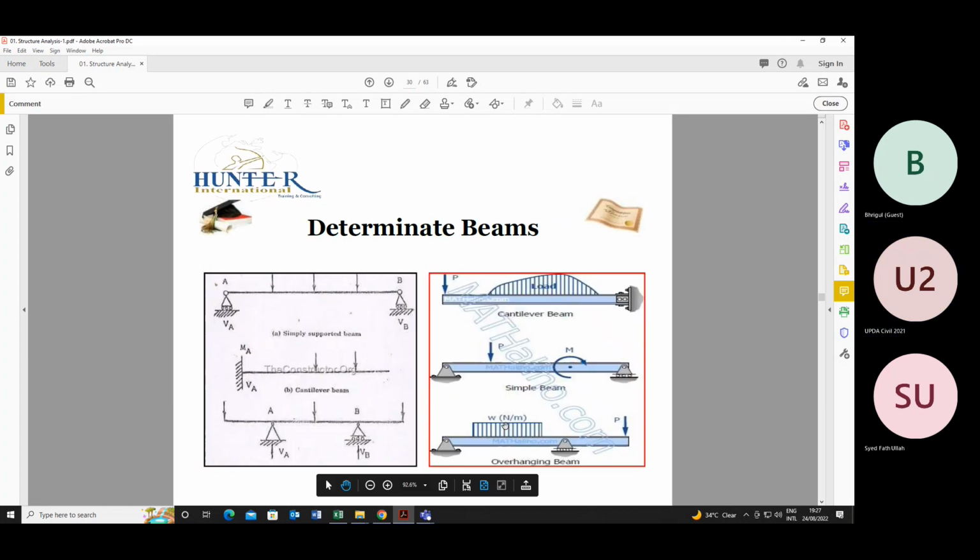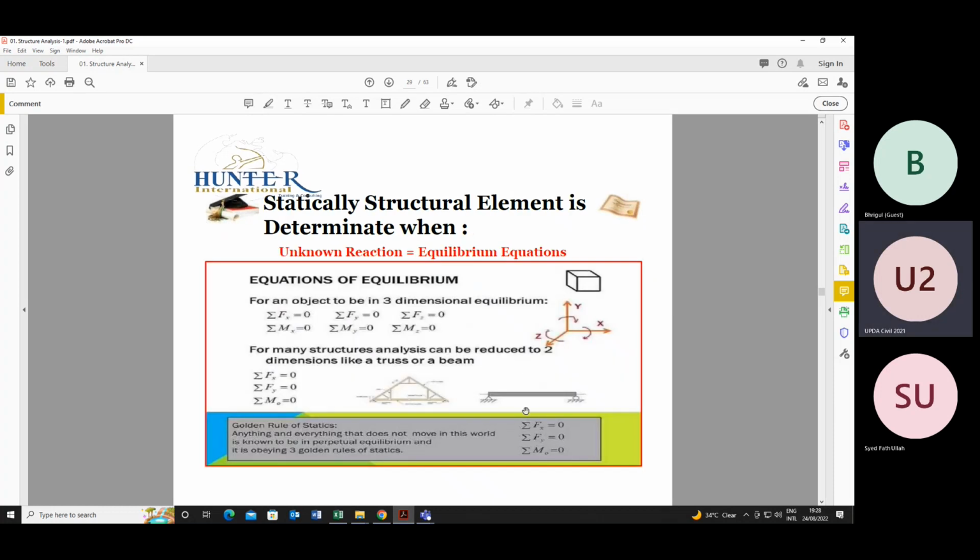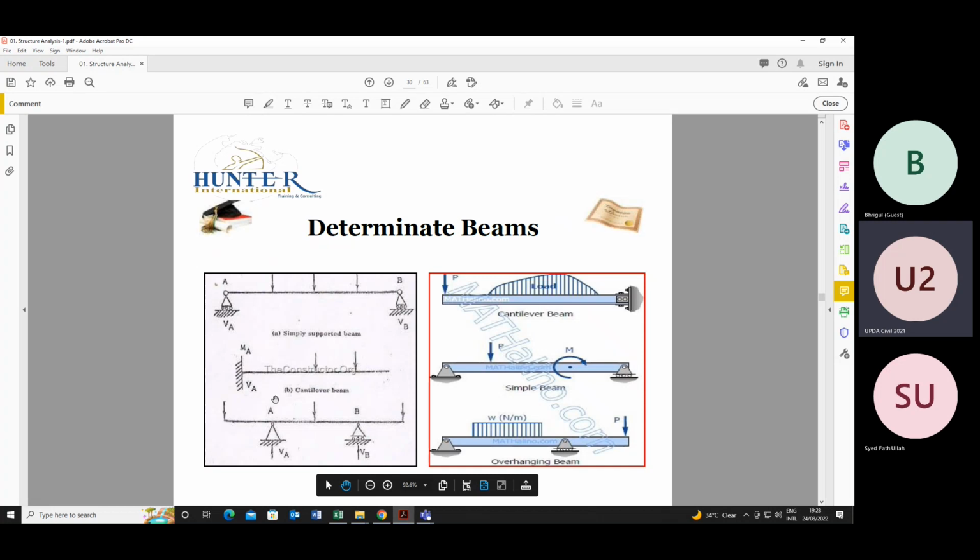These are a few examples of determinate beams. Here we will be able to calculate, using these three equations, the various reactions and moments acting on the members or supports.